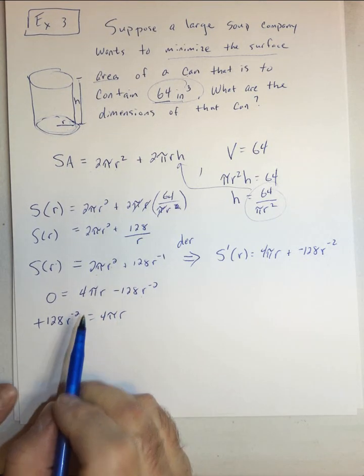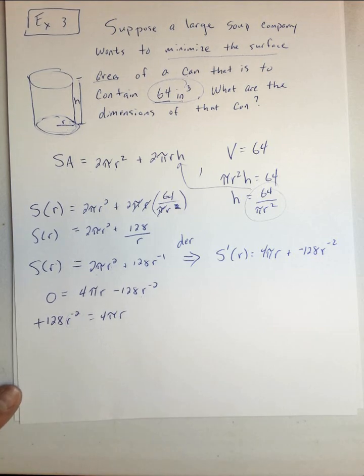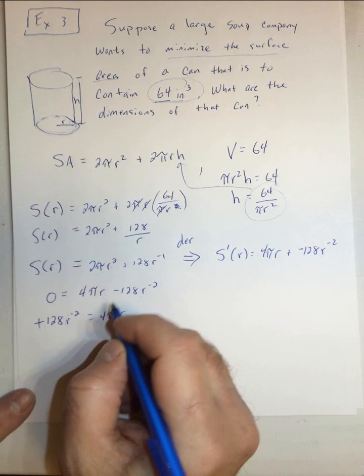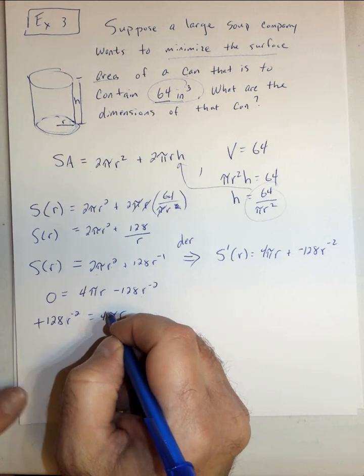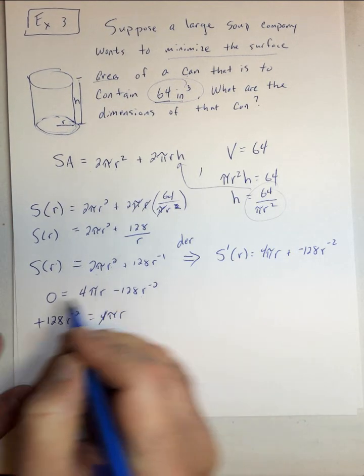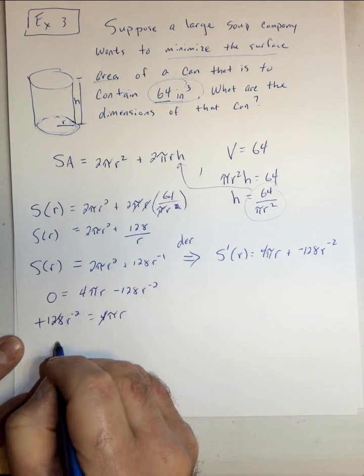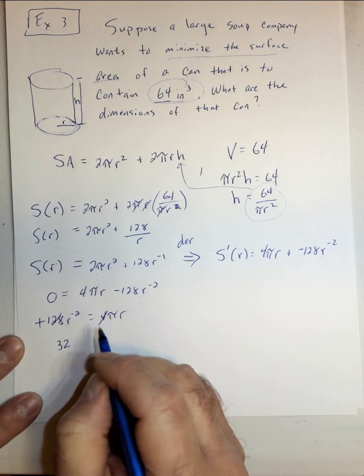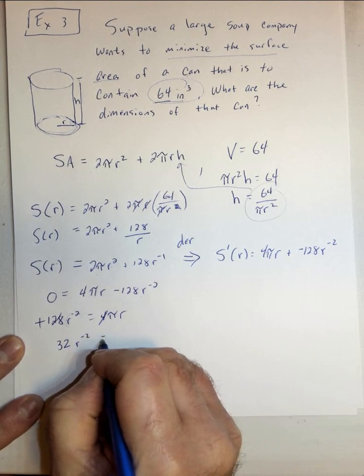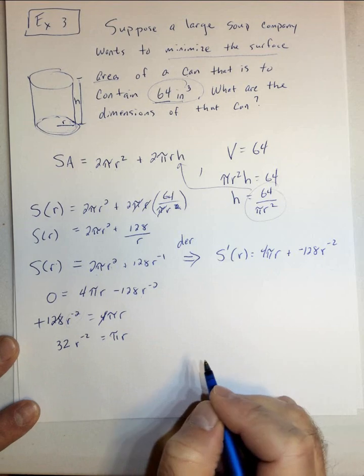And I am going to multiply. So I want to get rid of this. I can reduce this because 4 does go into 128. So this becomes 32 r to the negative 2 equals pi r.